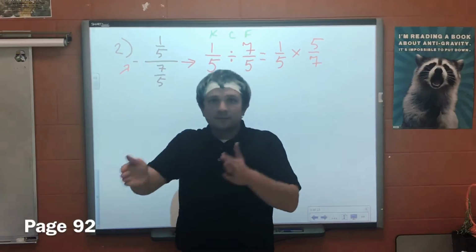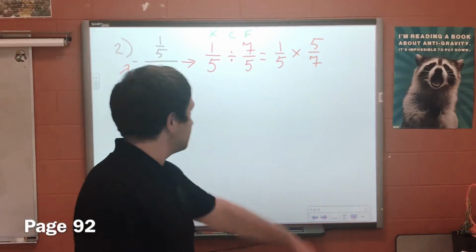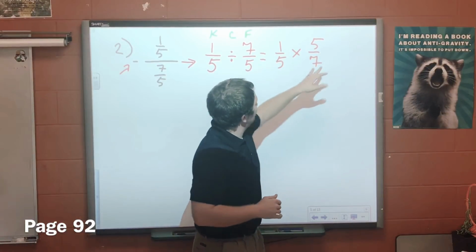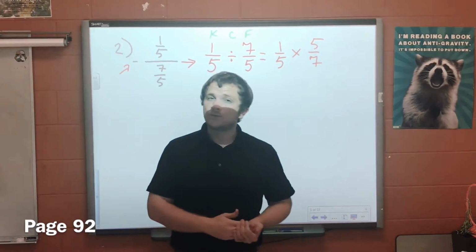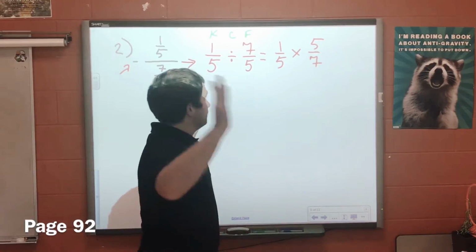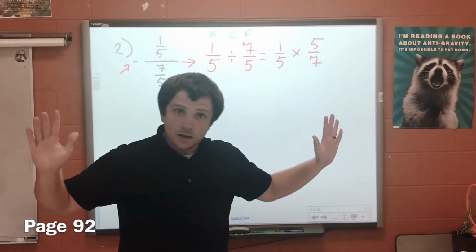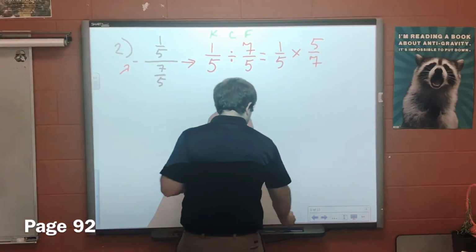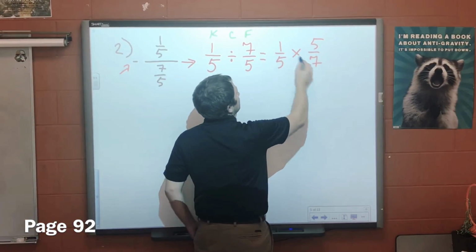Simplify early, simplify often. We're looking at this multiplication problem. We're looking for ways to simplify. 1/5 is reduced down. 5/7 is reduced for an improper fraction. But whoa, hold the phone. We can simplify by cross simplifying.